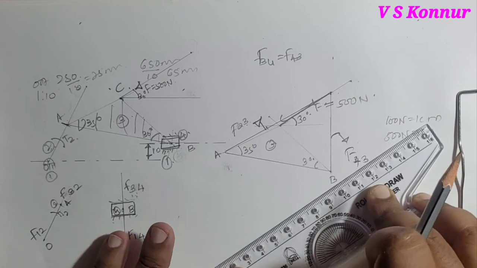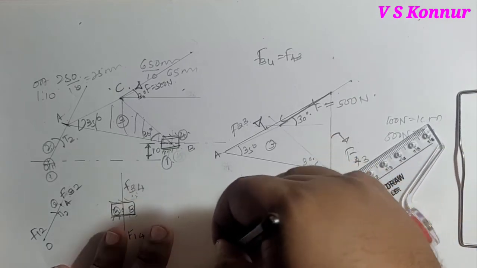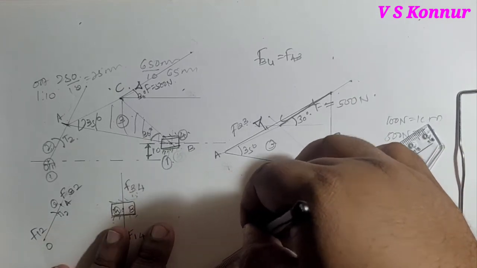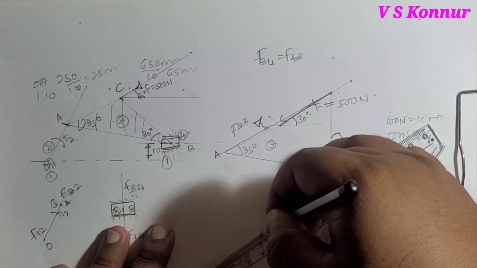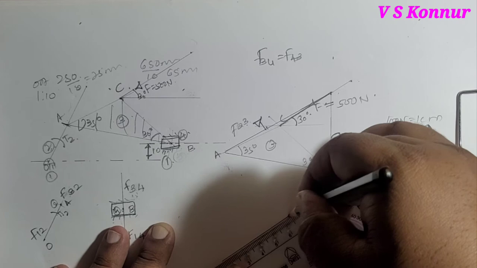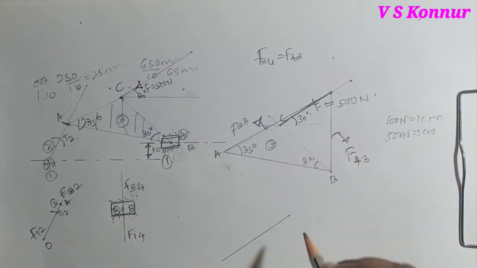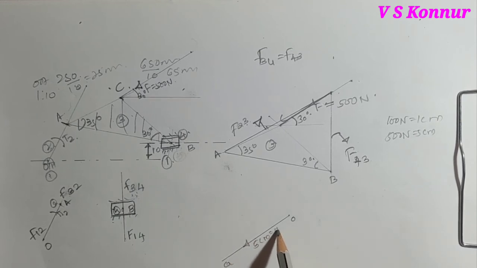Parallel to F force, draw 5 centimeter, because of direction OA. This is 5 centimeter, or you can call it as 500 Newton F.